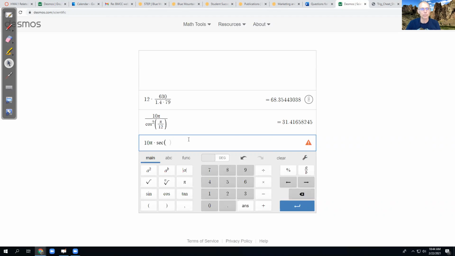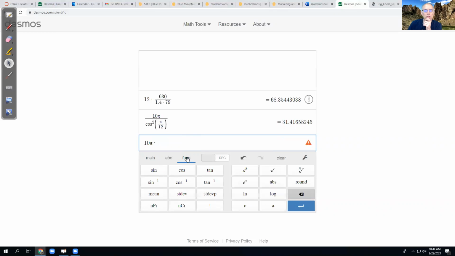Secant? Doesn't recognize secant? What? That's weird. Oh, they don't have secant in here. I swear they had secant. Interesting. All right, so we have to use the cosine there.